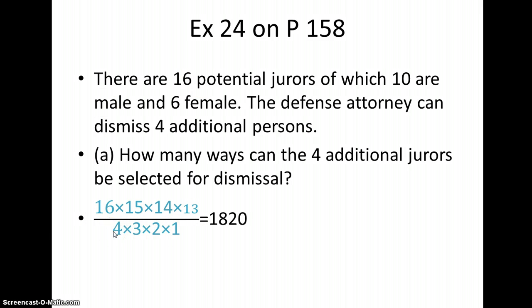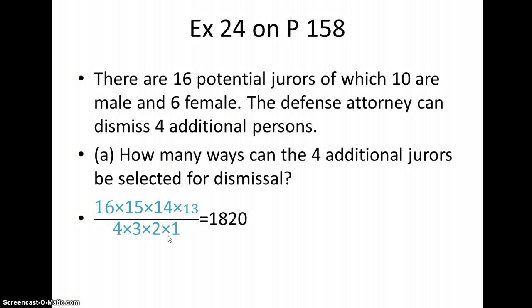For these 4 certain people, for example, if we call them A, B, C, D, and you're going to dismiss these 4 people, then you have 4 times 3 times 2 times 1, 24 different ways to call. You may call A first to dismiss, and then B, and then C, then D. You may call A and then C, and then B, then D. So when you switch the order, you may have 24 different ways.